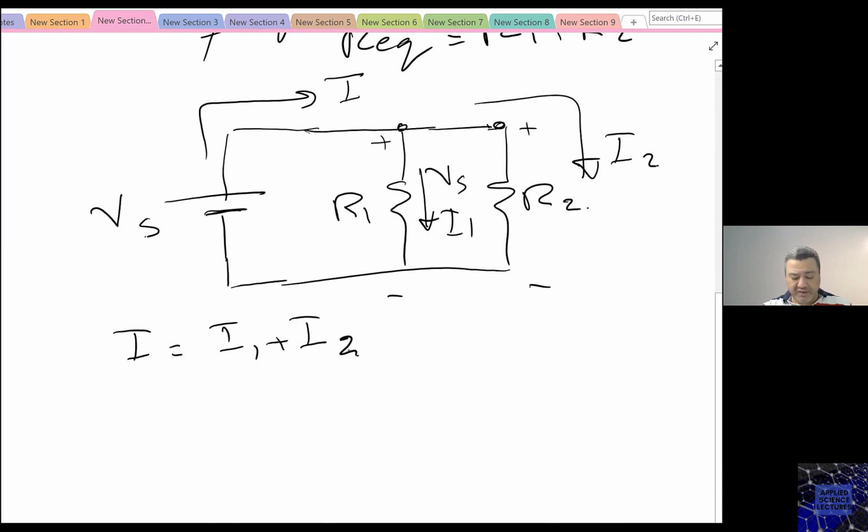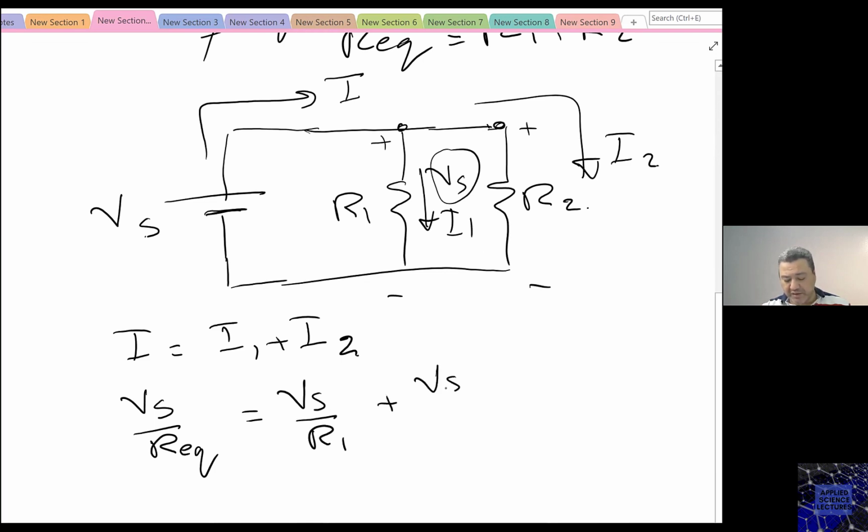So what is I? I is Vs divided by R equivalent. This is for the battery here. And I1 is Vs as well, because this is also Vs for both of them. So Vs divided by R1, and I2 is also Vs divided by R2.